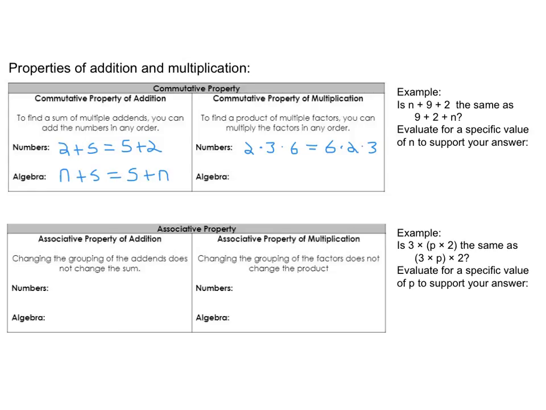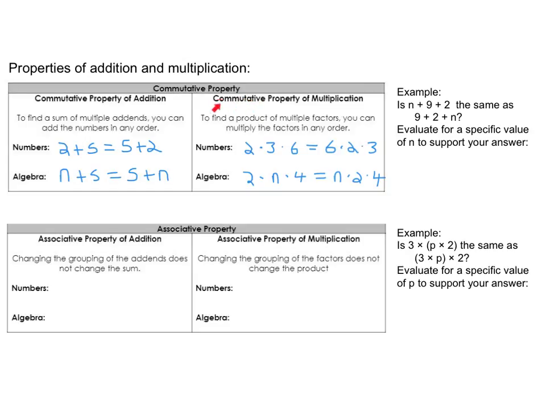An algebraic expression would be something similar. Maybe you have 2 times n times 4, and that would be the same as n times 2 times 4. So that's the commutative property.